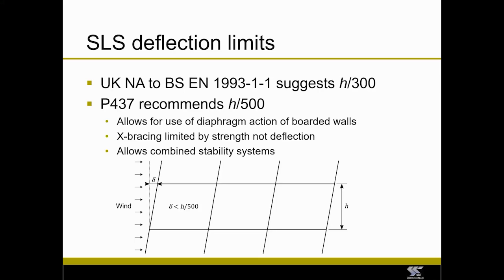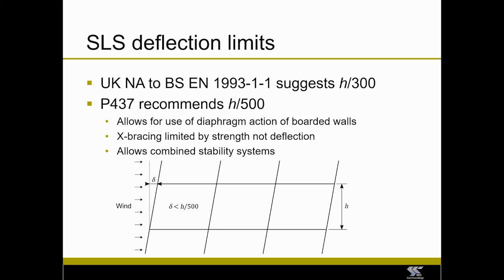The UK National Annex for Eurocode 3 part 1.1 suggests a height over 300 deflection limit for each story. However, it does also recognize that there will be cases where that H over 300 limit is not applicable or not suitable, and other values may be used or should be used.